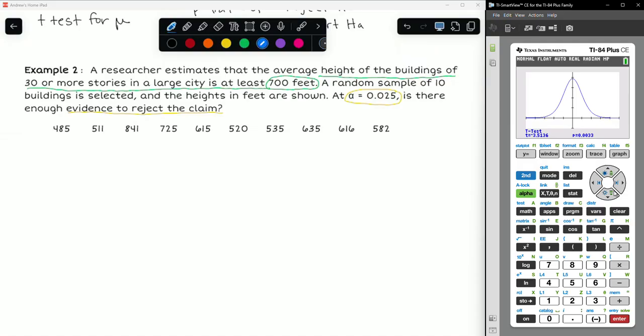They tell me that we have a random sample of 10 buildings. So I know n is 10. They didn't give me any other information. So I'm going to go ahead and start this process with what I do have. I know my random variable is the average height of buildings of 30 or more stories.